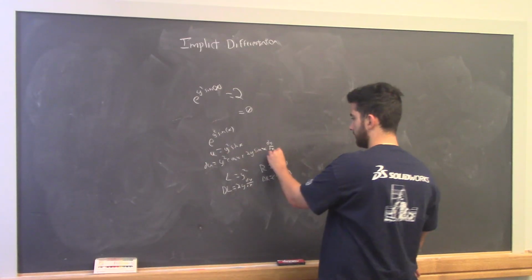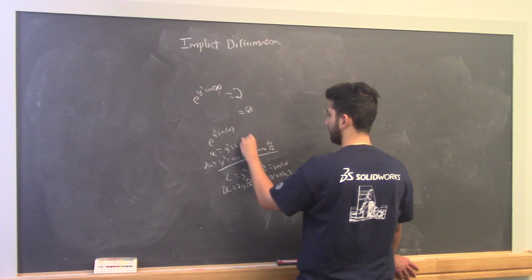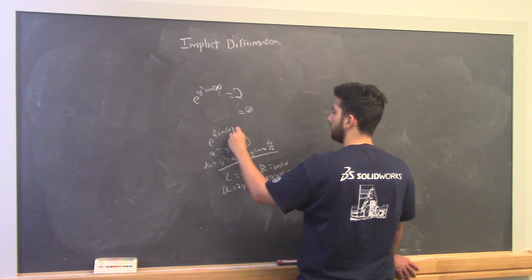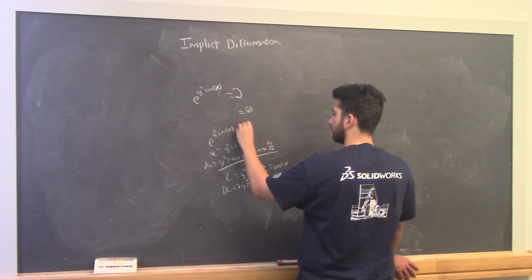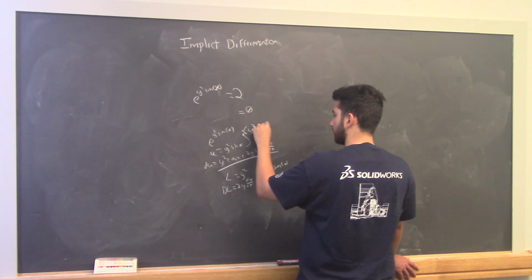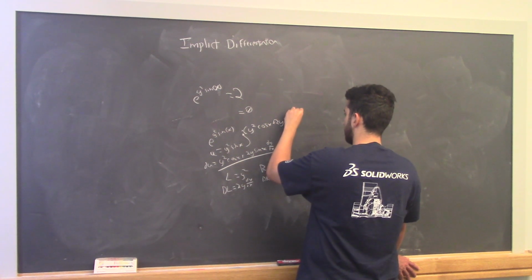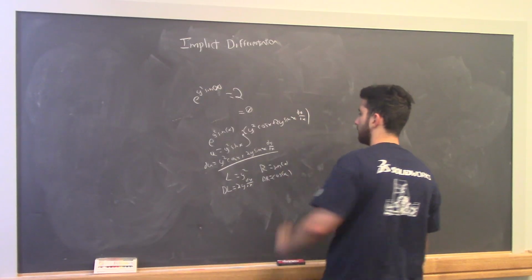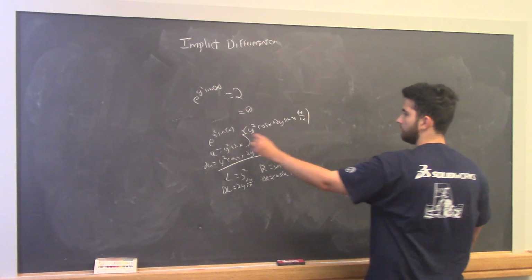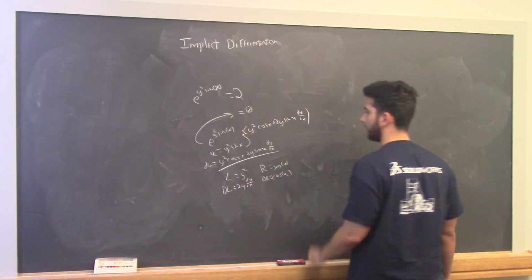So all of this has to now come up here. It's times y squared cosine x plus 2y sine x dy dx. And all of this is equal to 0, right?